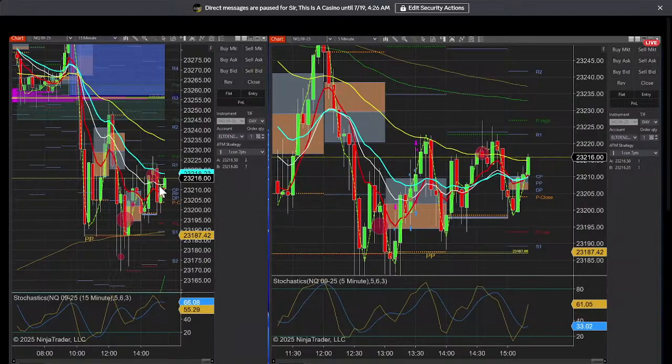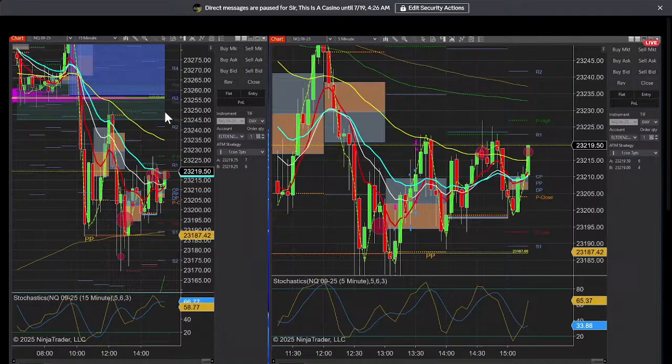This is a bad example, but usually the 7 over here will be the same as the 21 over here. I should have taken that trade.